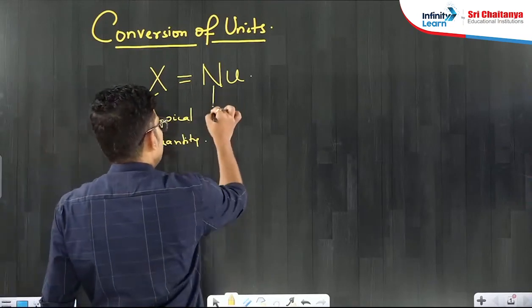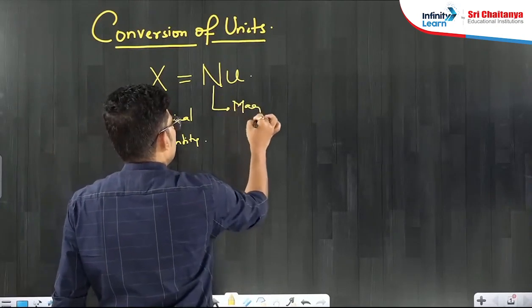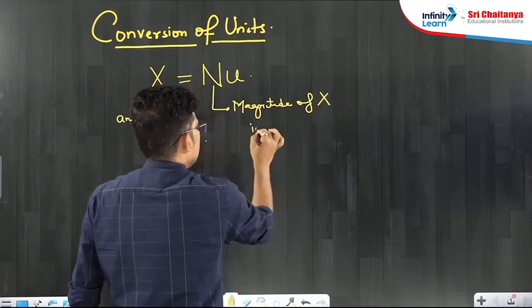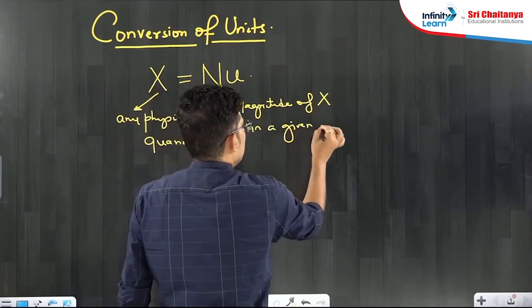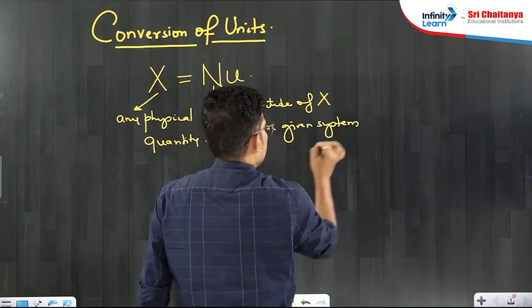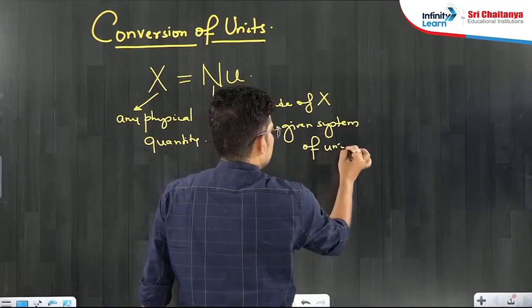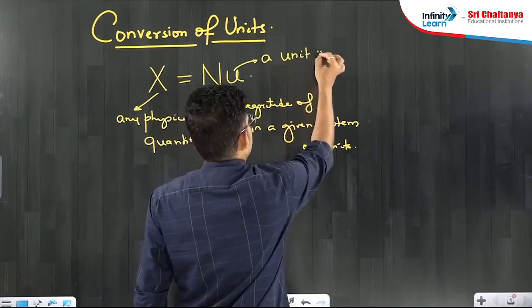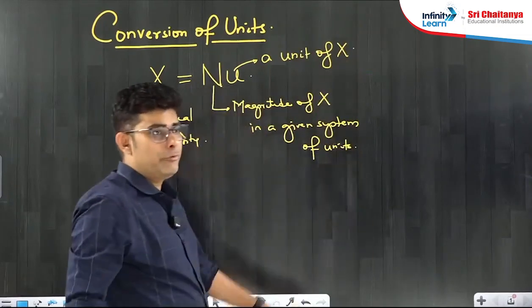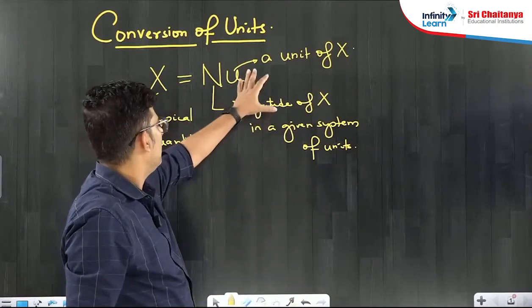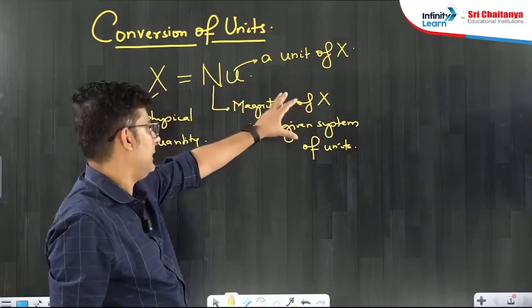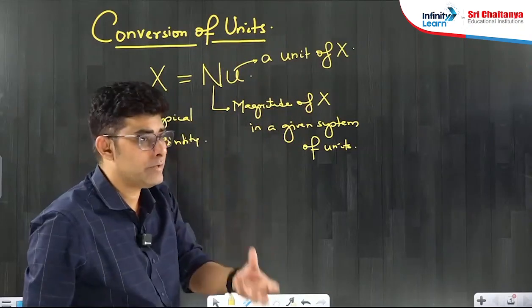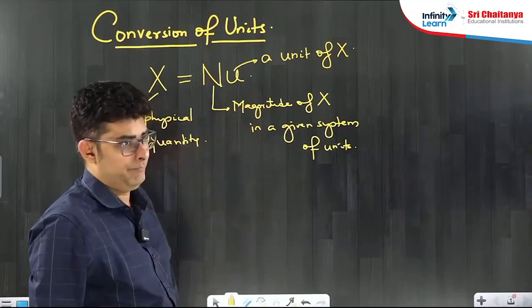Now this n is called the magnitude of x in a given system of units, and u is the unit of x. So when we say that a particular unit of x is given, then in that particular system of units, the magnitude or the amount or the value is represented as n.